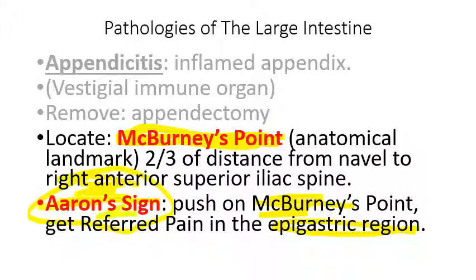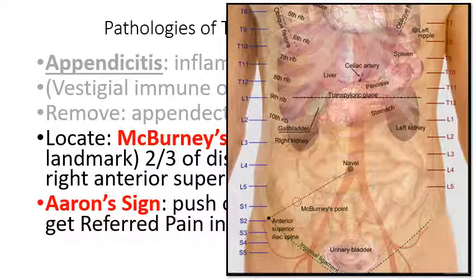Remember what Aaron's sign is. Remember where you can find McBurney's point. Right, so there's the anterior superior iliac spine. There's the navel. We draw an imaginary line between those 2 points, and then you go 2/3 of the way from the navel. You cut right there. That is McBurney's point, and then underneath there you'll find the appendix.